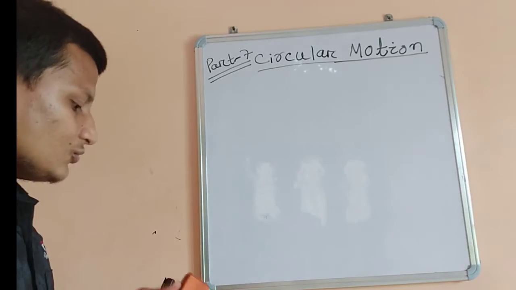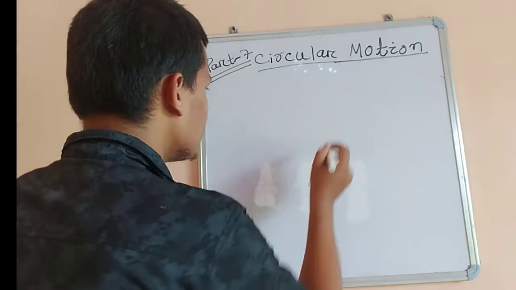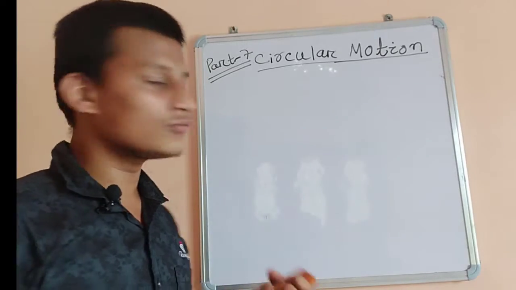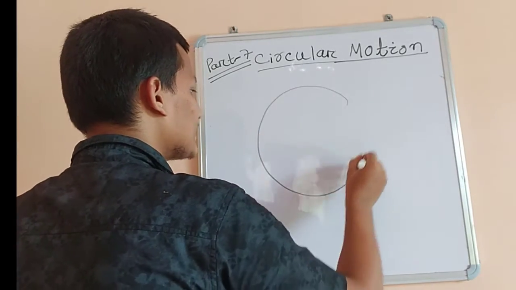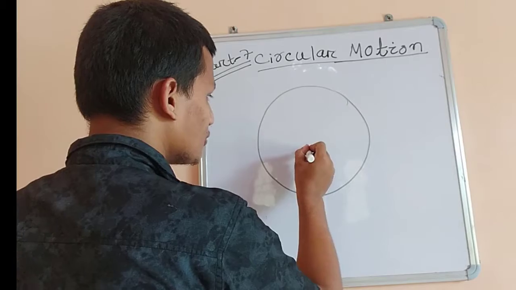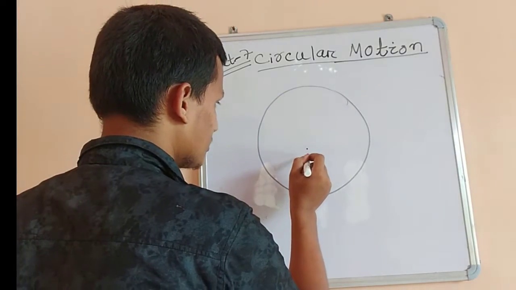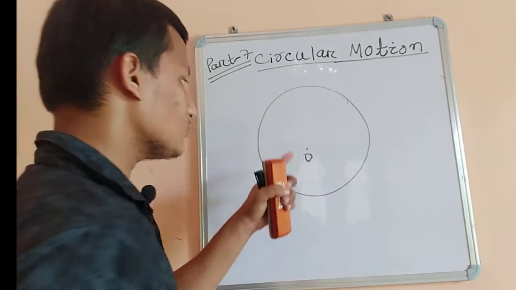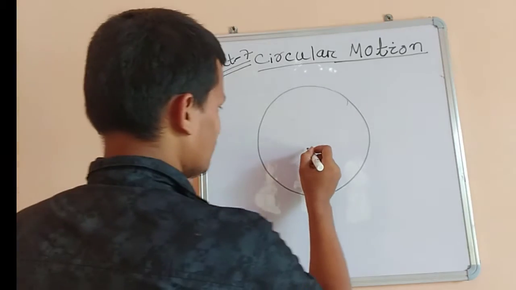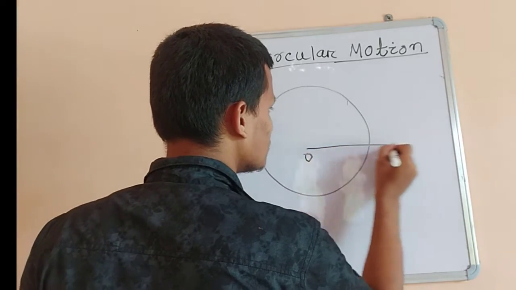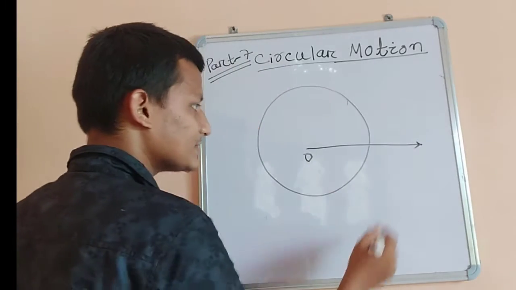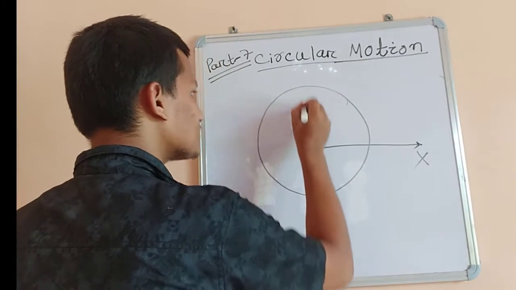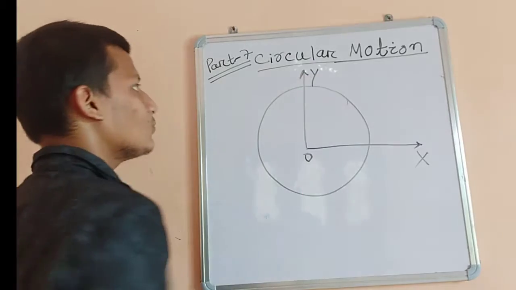Okay, let's start. Let's draw a circle because we are considering circular motion. Suppose this is our center, denoted as O. Suppose this direction is the positive x-axis OX, and this direction is the positive y-axis OY.